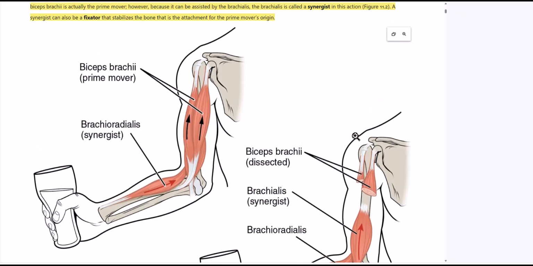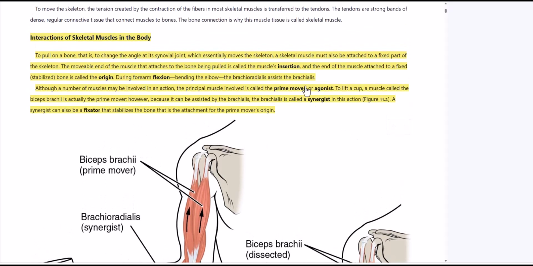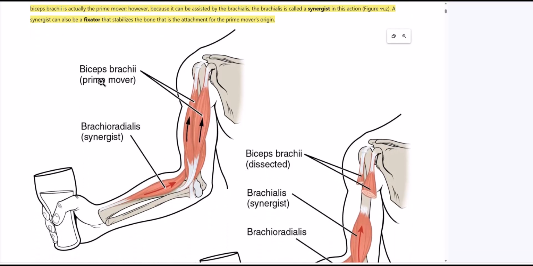Another concept that was mentioned in the lab is that there's prime movers. Prime movers are the main muscle that does something, right? So in this action, the prime mover is the biceps brachii as we flex the elbow and lift up this cup. But there's other muscles that also assist in this movement. And here the book shows us the brachioradialis is a synergist. It helps in the process of flexing.